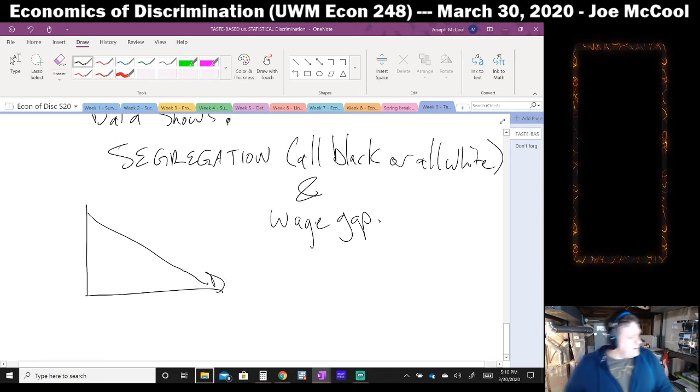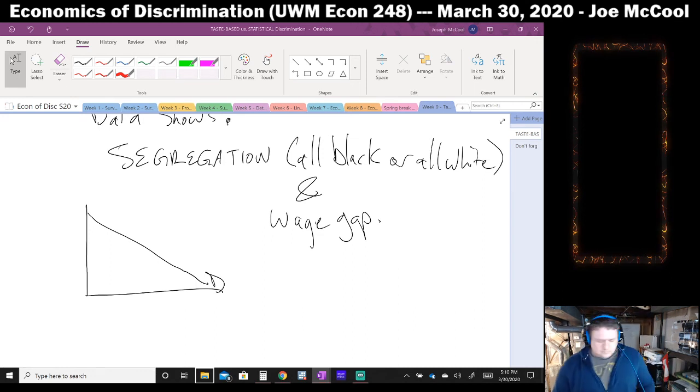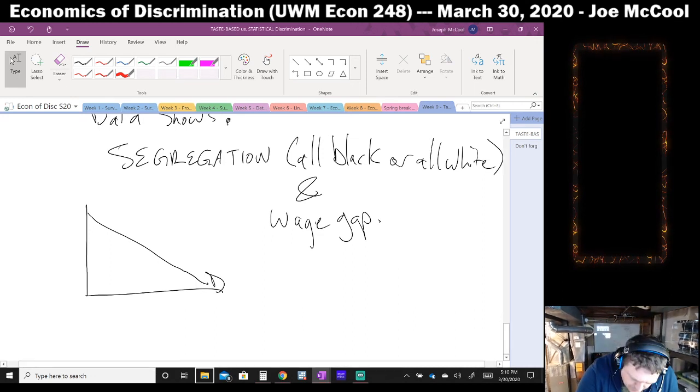This is the labor demand curve. So we had, let's see, this was W. No, let me go back to here.